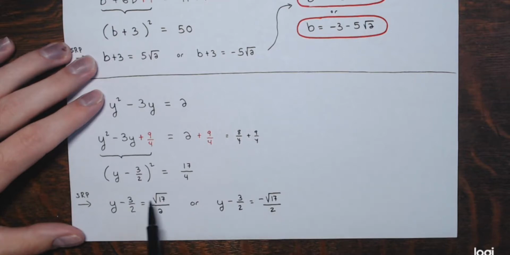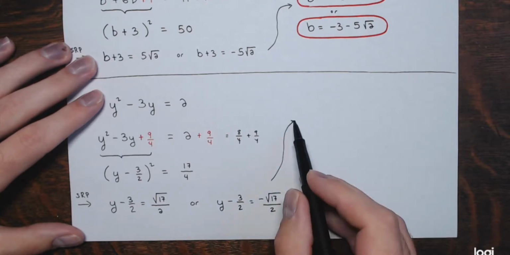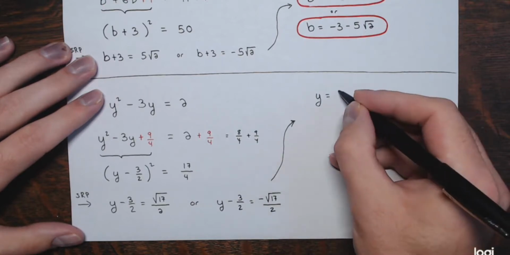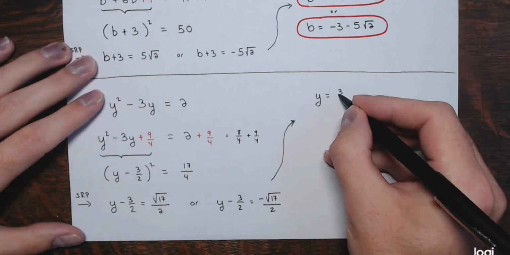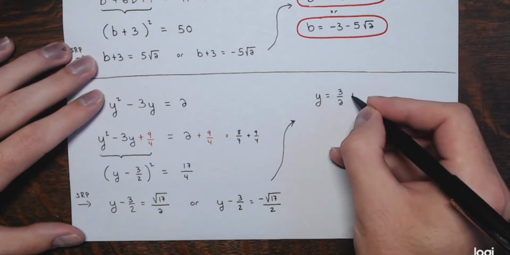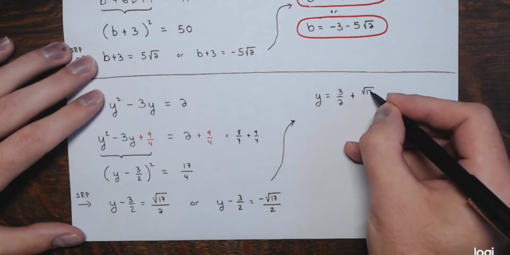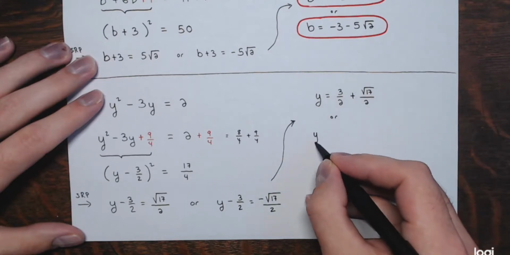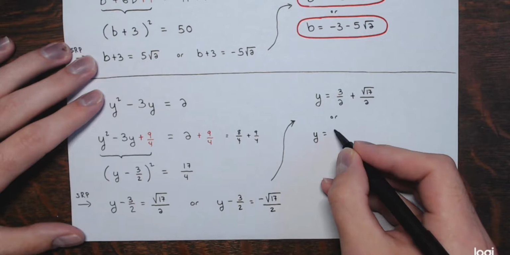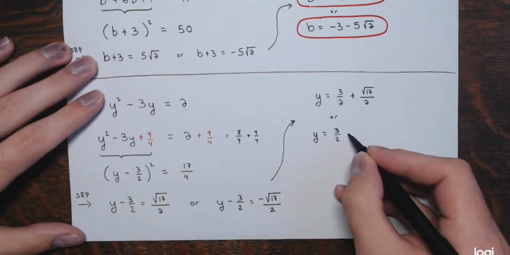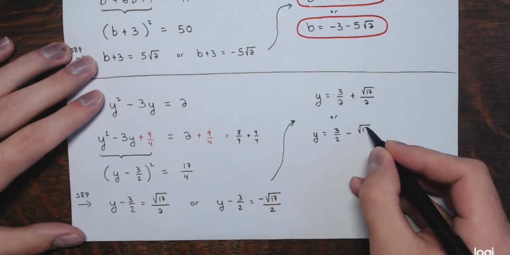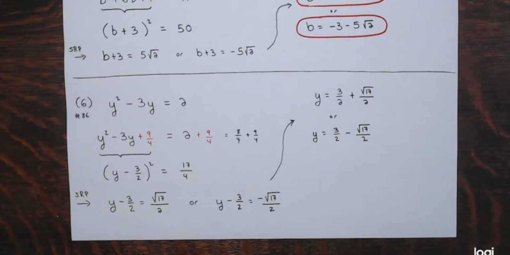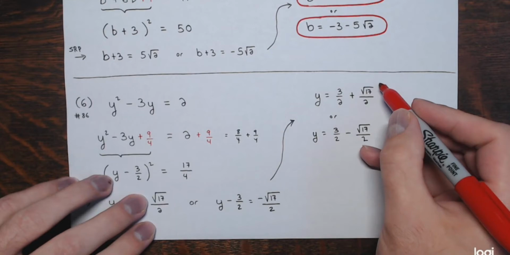And then I would just add 3 halves to both sides. So I take this over here. So y equals, adding 3 halves, you'd have positive 3 halves plus the square root of 17 divided by 2. Or y equals, again, positive 3 halves minus the square root of 17 divided by 2. And those should both work, if I did everything correctly. But I leave it to you to check.